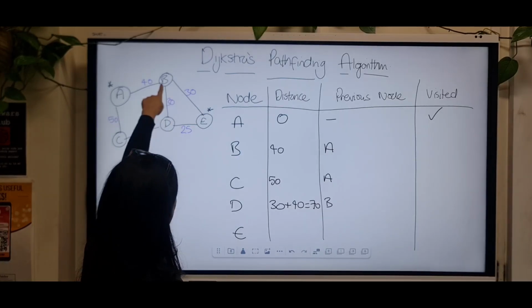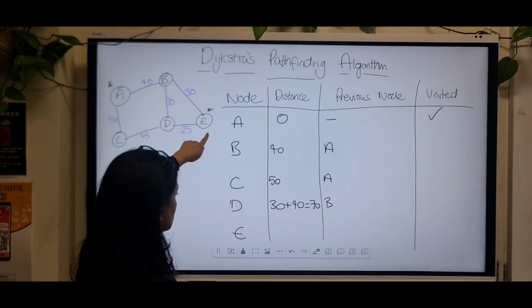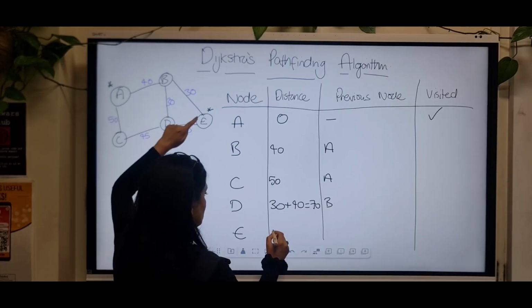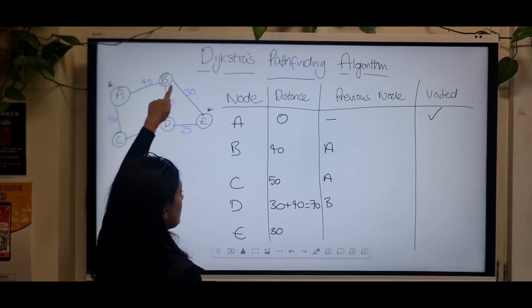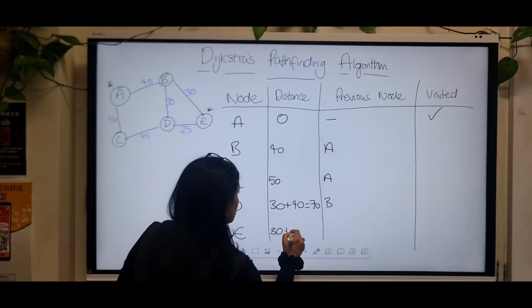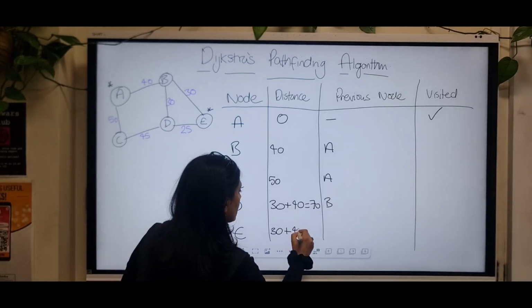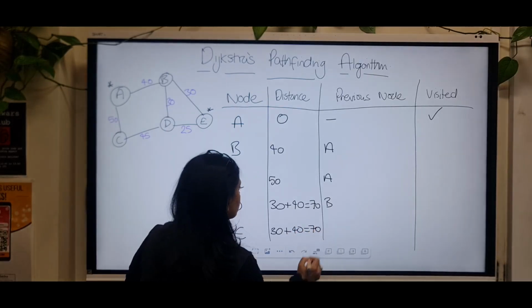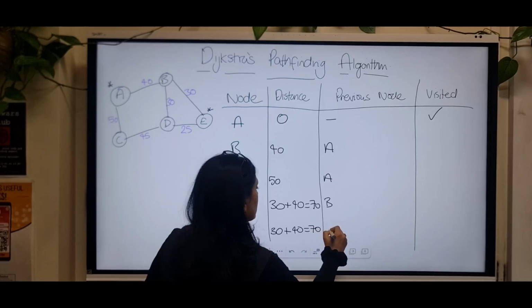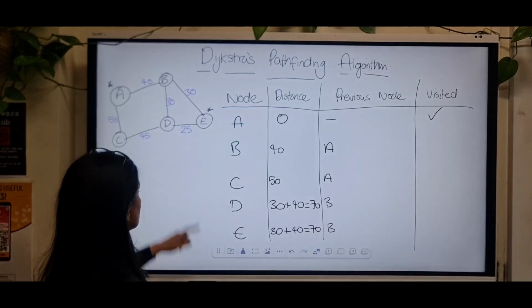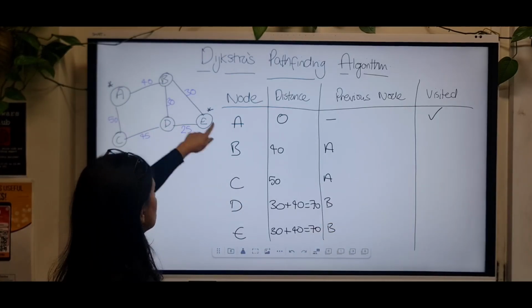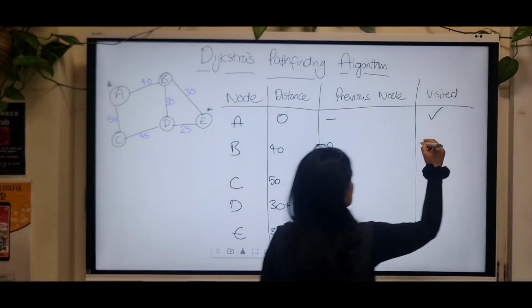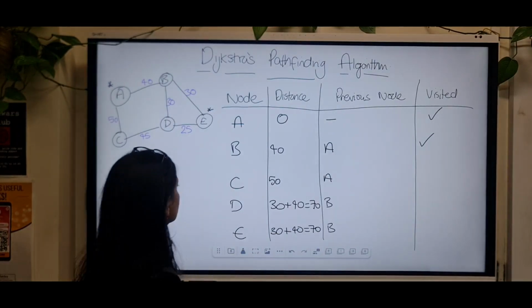We're now going to go from B to E, because that's connected to B. So that is a distance of 30 plus B, which is 40. And again, that's 70. Previous node again is B. Right. There are no other nodes that are connected to B, so therefore we can tick that off as visited.